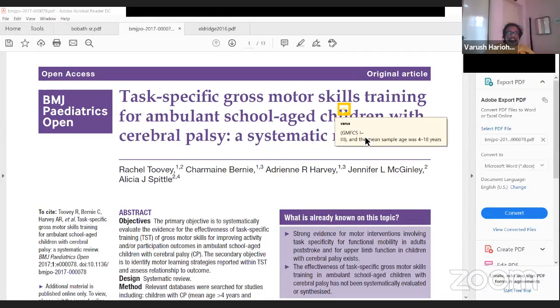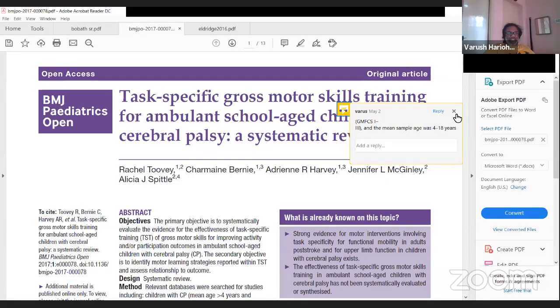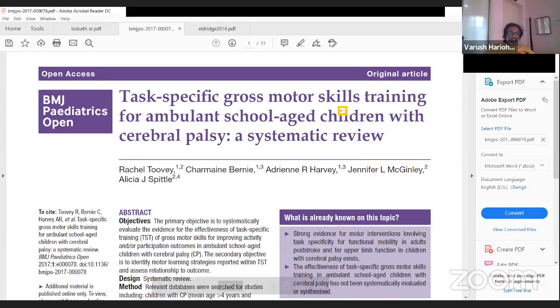You can see that they were all age 4 to 18, right? They were slightly older children, so it is slightly easier than in very small children.